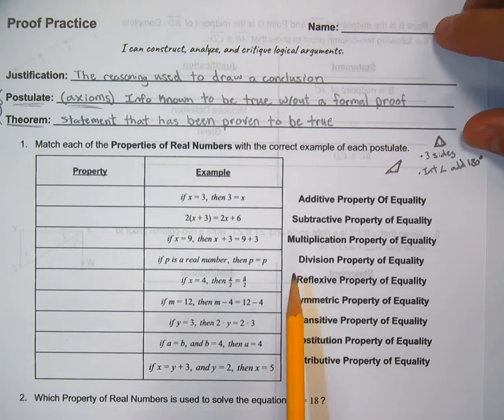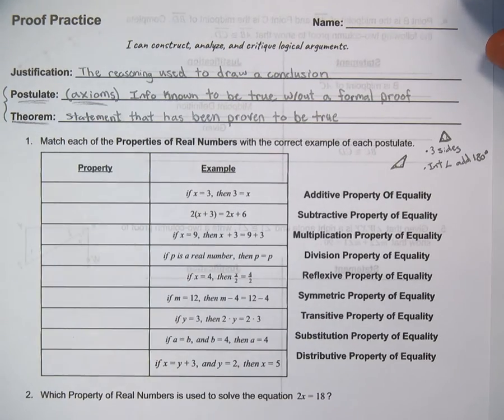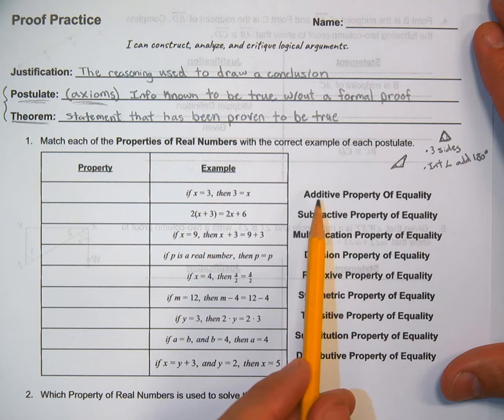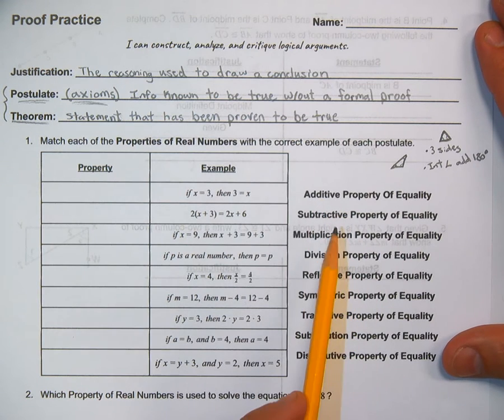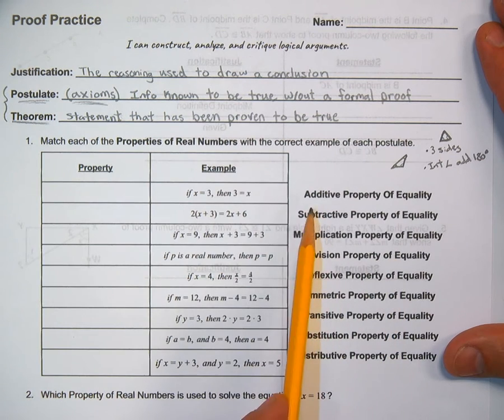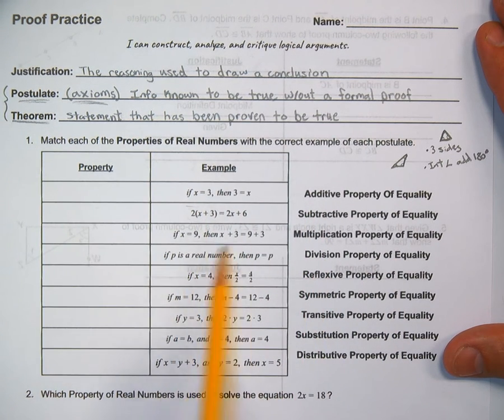All right, getting into some of the properties of real numbers that you saw in your first video. What I'd like you to do is to work with this a little bit more just to really solidify it, because I'm pretty much just assuming you understand this moving forward. So what I want you to do is go through and match each of these properties with the examples that have been provided here.